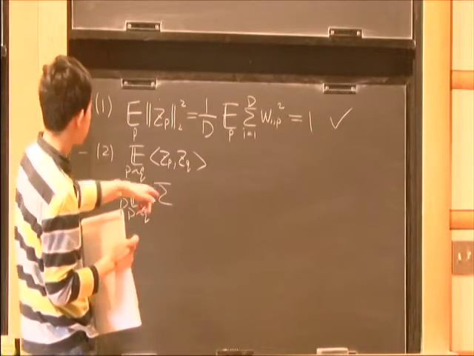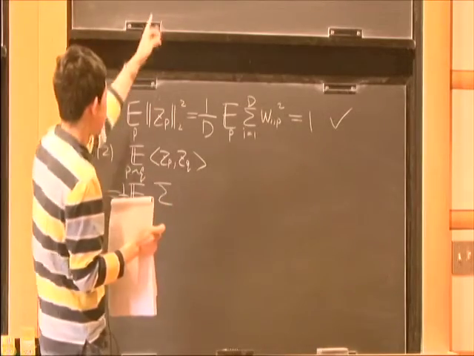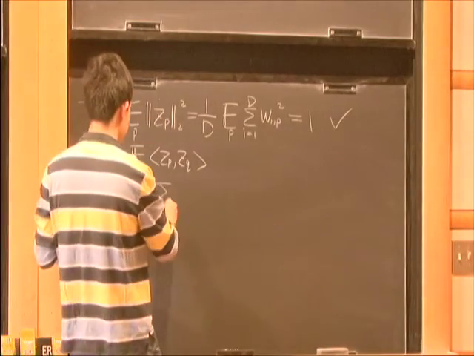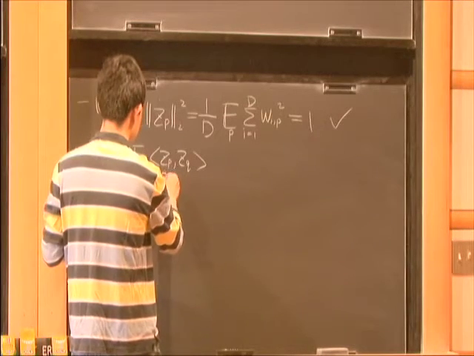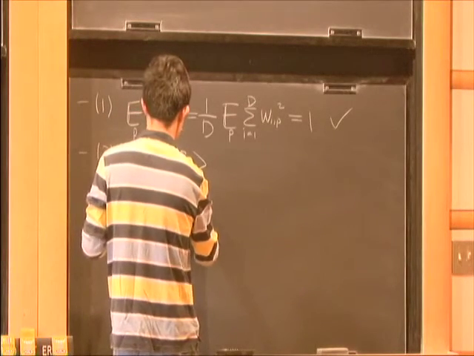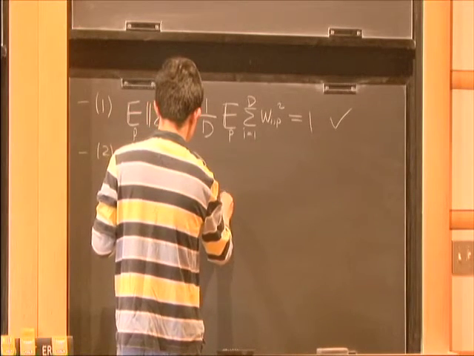And this inner product, after you open it, is a sum of products of W. So it's the sum i from 1 to D of W_i(P) W_i(Q).